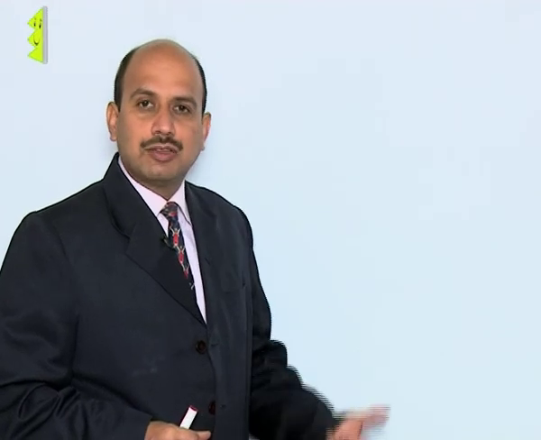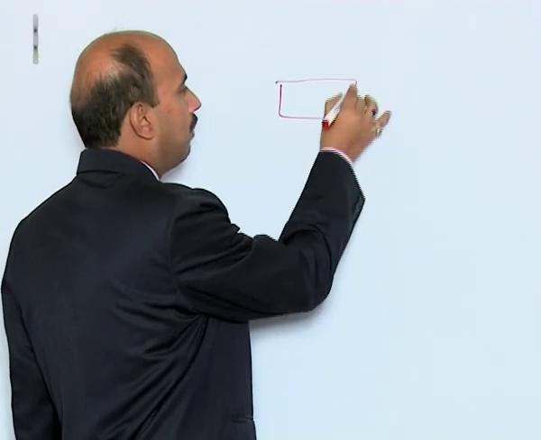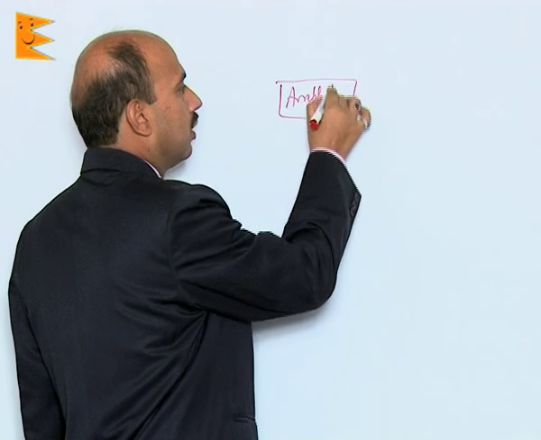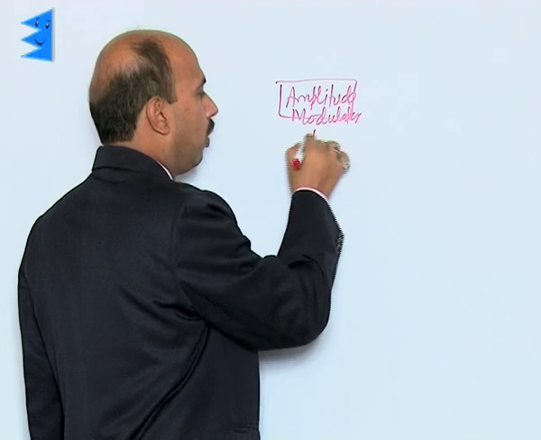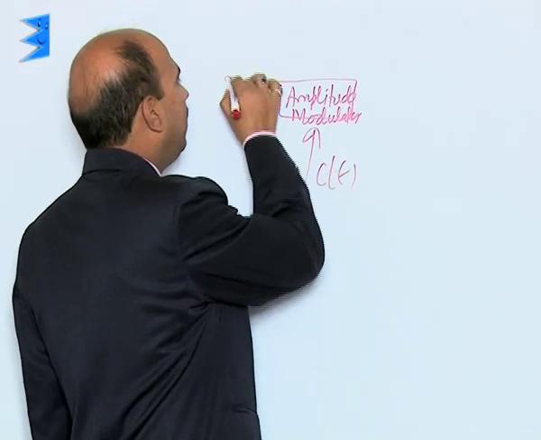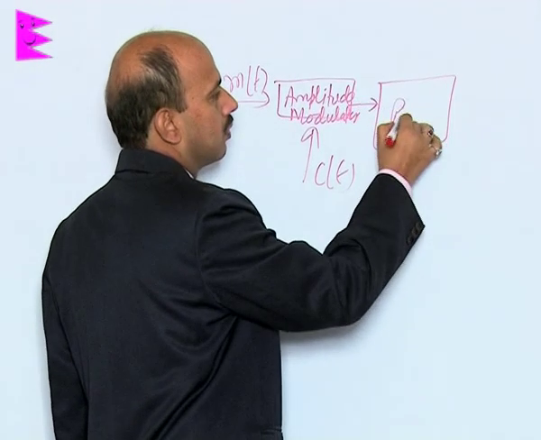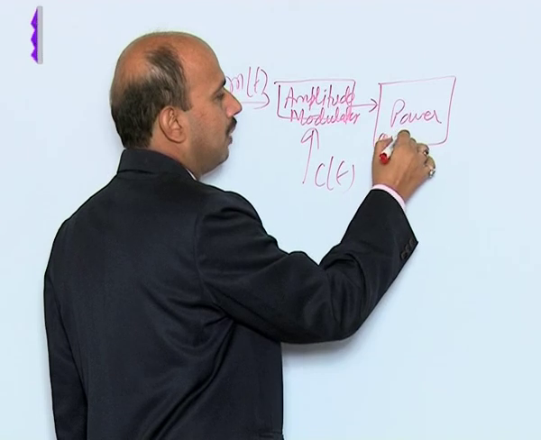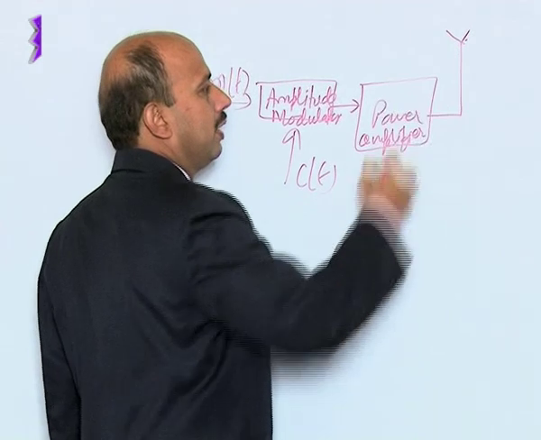Now we have seen the amplitude modulated wave and its production, and the frequencies also. When we get the amplitude modulated wave, it has to be transmitted. The block diagram for the transmitter is: first we take the amplitude modulator, where we get c(t) from one side and m(t) from the other, and then there is a power amplifier, and then the transmitting antenna.